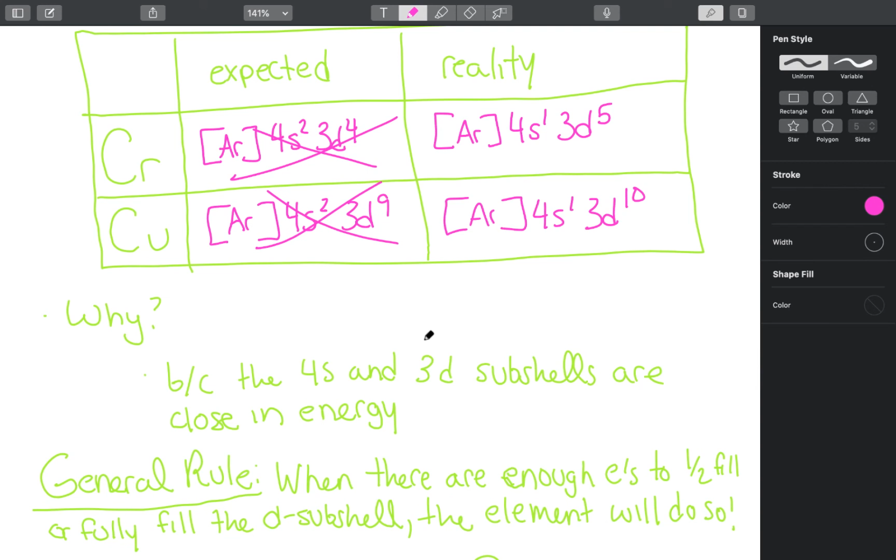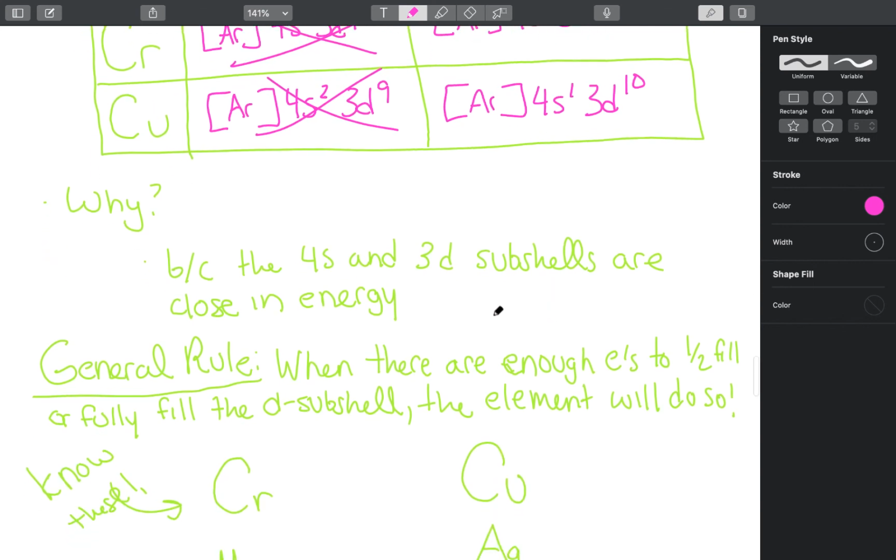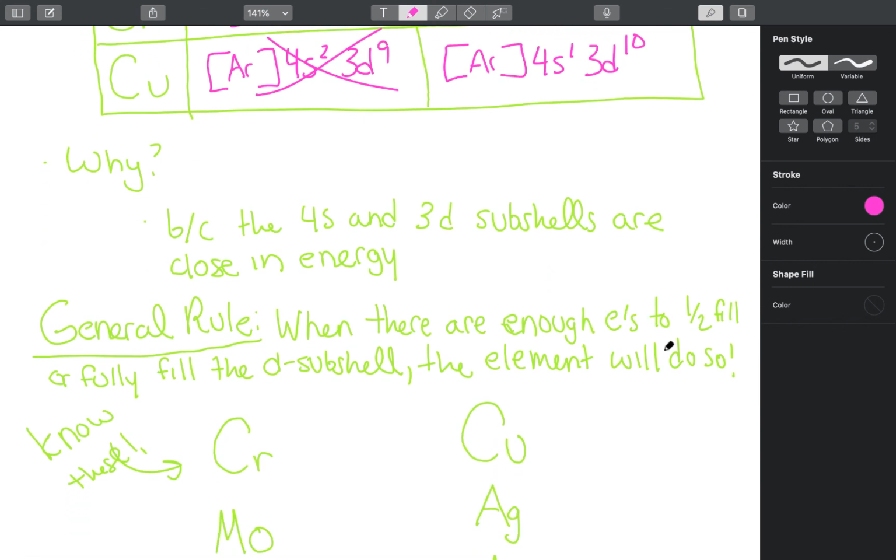Well, it's actually because, as you could see in our little orbital diagram above, the 4s and 3d subshells are very close in energy. So this allows electrons to sort of jump between those two energy levels pretty easily. And as a general rule of thumb, when there are enough electrons to half fill or fully fill the D subshell, the element will do so. So the electron configuration will reflect that.